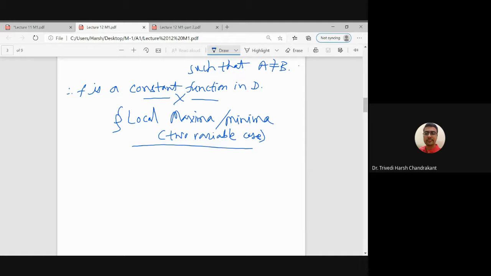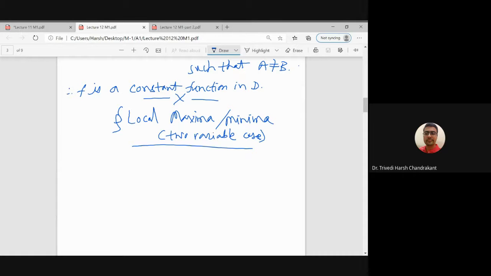So we already studied in school mathematics local maximum minima, where what we do is we are given a function. What we do is we differentiate that. To find maximum minima, we first find the critical points or the stationary points by the equation f dash x equals to 0, right?